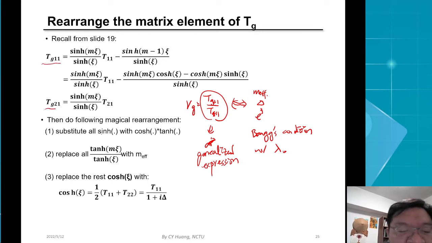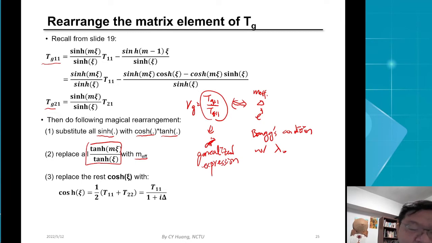First, we can substitute all hypersine as hypercosine times hypertangent. This is the definition of hyperbolic functions. Then second, we replace the term tanh(m kappa c) divided by tanh(kappa c) with the term MEFF, the effective number of pairs.